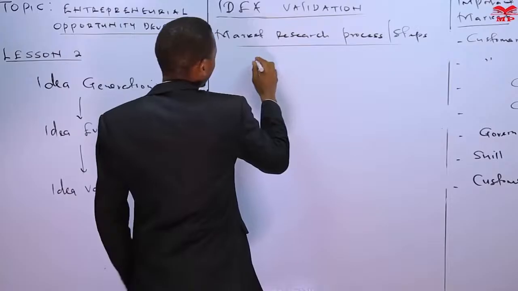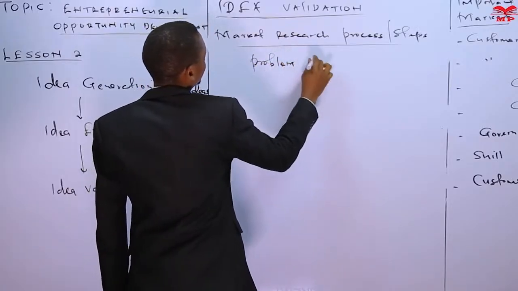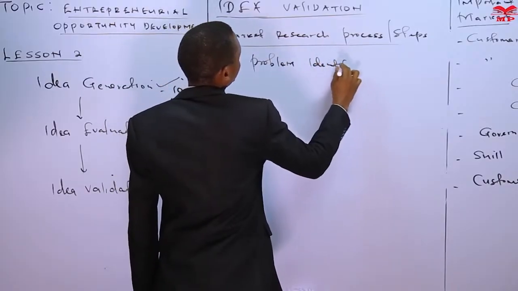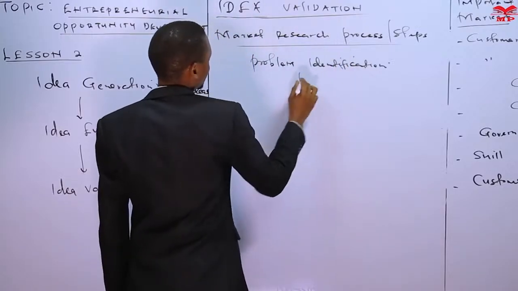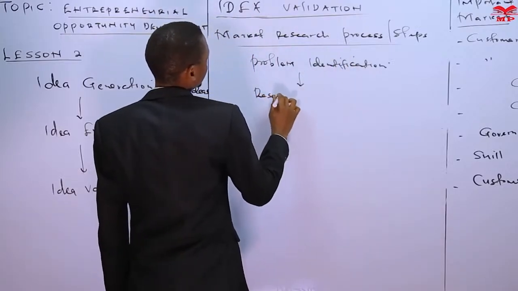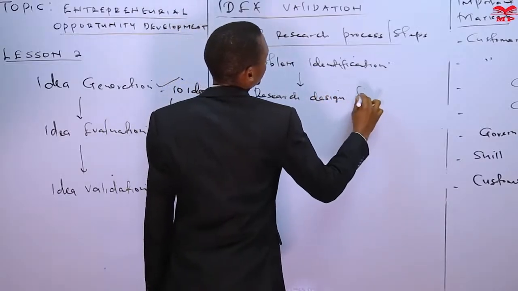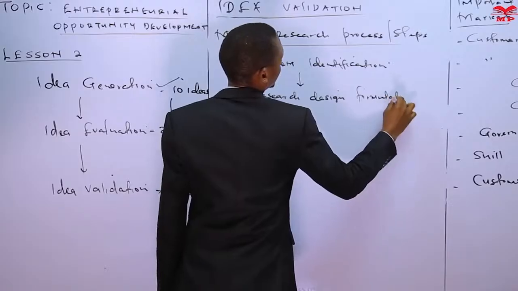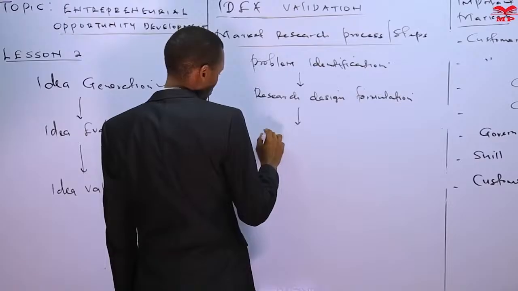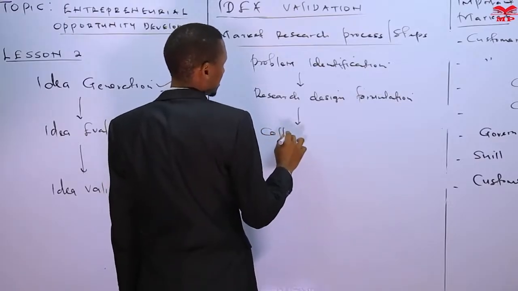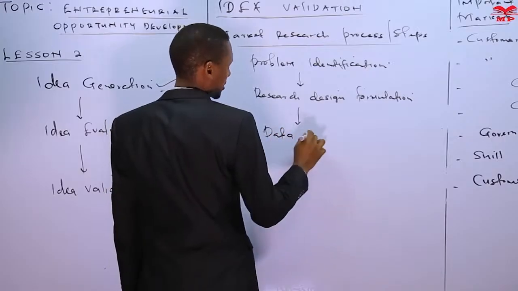The first step in the market research process is problem identification. That step is followed by research design formulation. Once a research design has been formulated, you go to the field to collect the raw data.